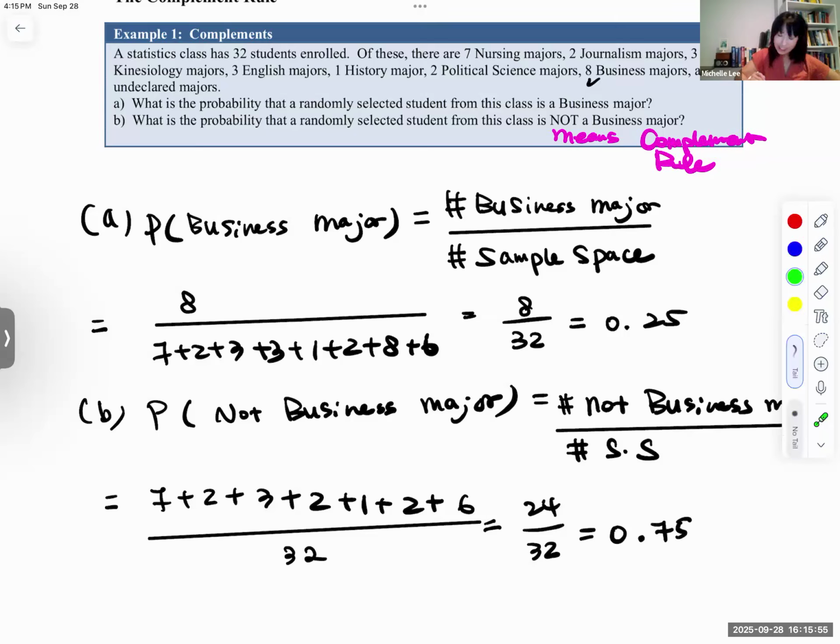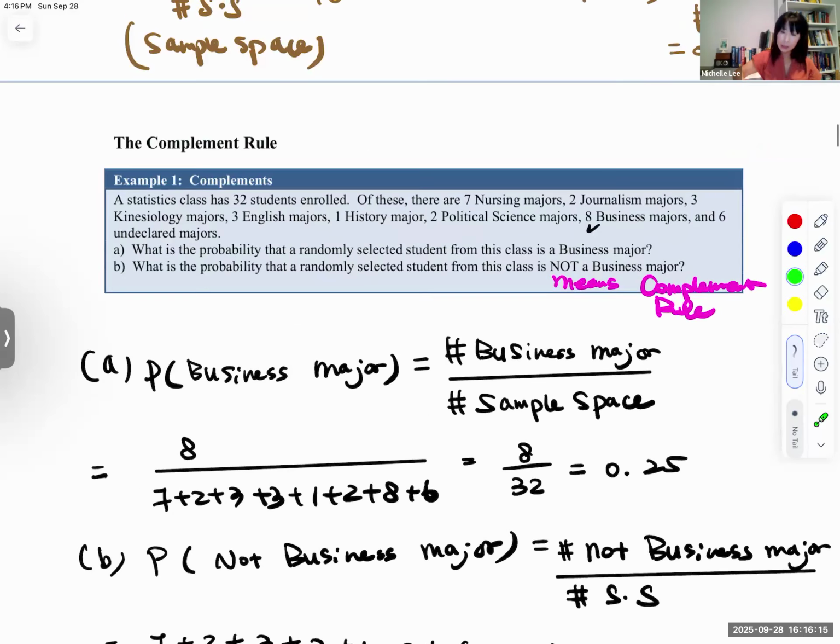Okay, so this is easy to calculate, right? But it is not always easy to calculate, so we use the complement rule, right? Not business major. So what we are using, we're using the formula, right? So the formula is here.